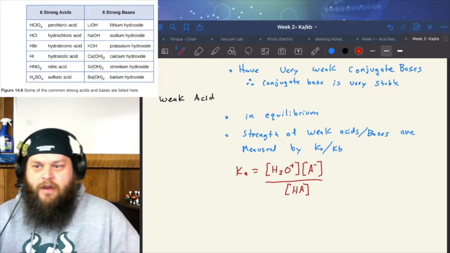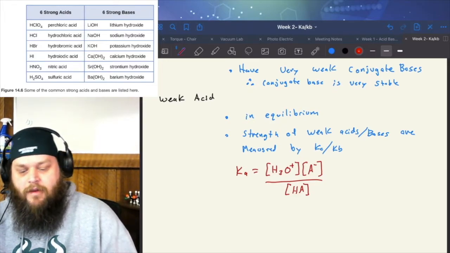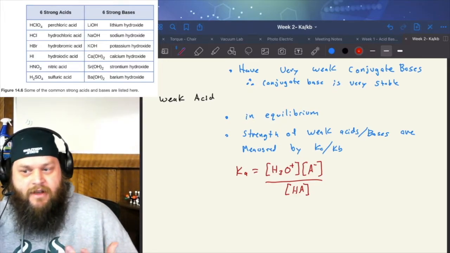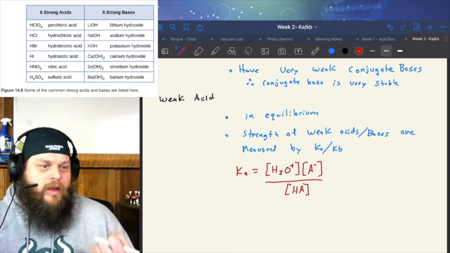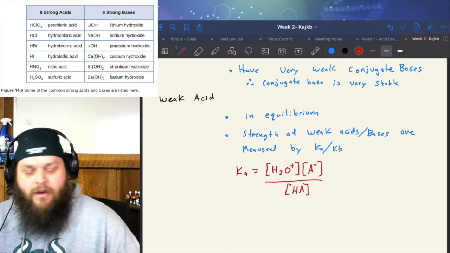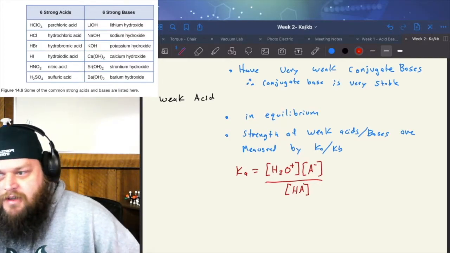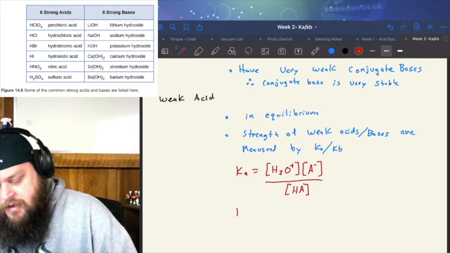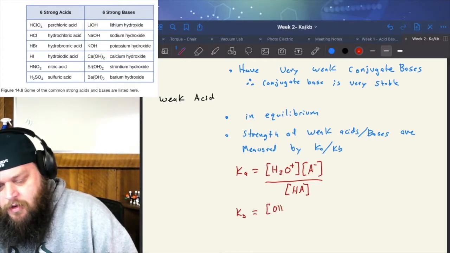Whatever the A is could vary, but on the bottom it's its acidic form because it has that hydrogen ion, and on the top the A minus is where it's lost it, that conjugate base. Similarly, Kb is going to be equal to OH minus times HA over A minus.